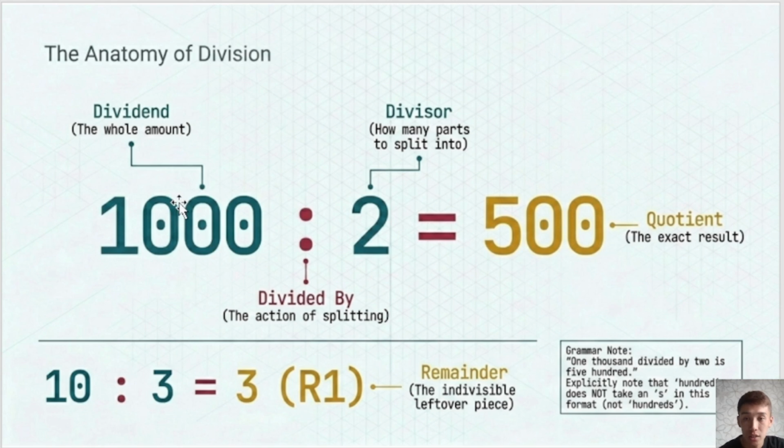First we can say 1000 divided by 2 equals 500. The 1000 is the dividend, and after this we say divided by the divisor, how many parts to split into, and after this we say equals the quotient, the result of this task. And a grammar note: we can say 1000 divided by 2 is 500. Explicitly note that 1000 does not take an s in this format, not thousands.